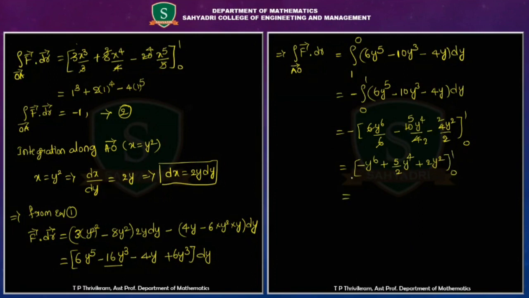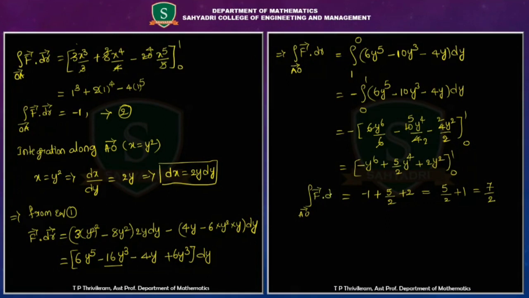So do the integration, how much will you get? Minus 1 plus 5 by 2 plus 2. So this one equals minus 1 plus 2, you'll get 5 by 2 plus 1, 7 by 2. So this is the integration along AO.